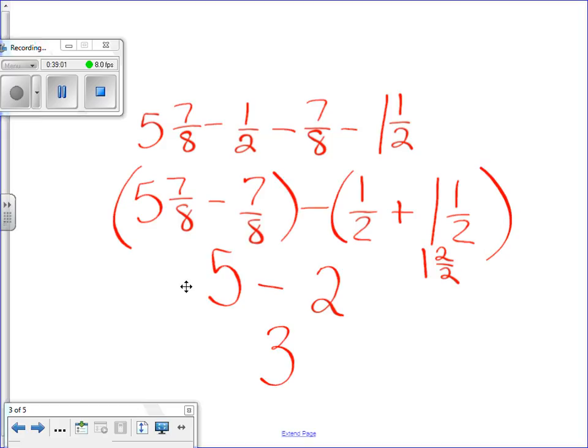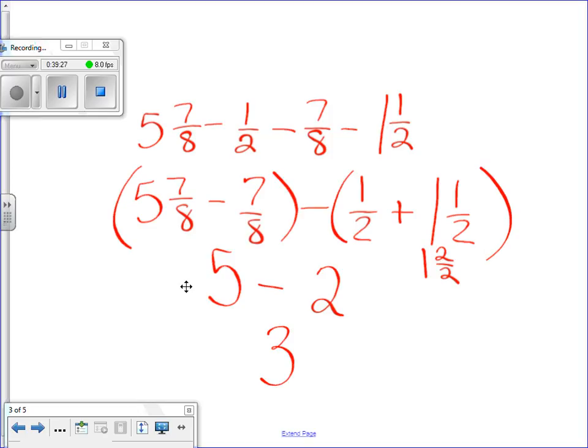So yeah, 5 7/8 minus 1/2 minus 7/8 minus 1 1/2. So if we just subtracted across the board, this would be 4/8 minus 7/8 minus 1 4/8. You have to go left to right. So you're making it a million times harder than it needs to be.